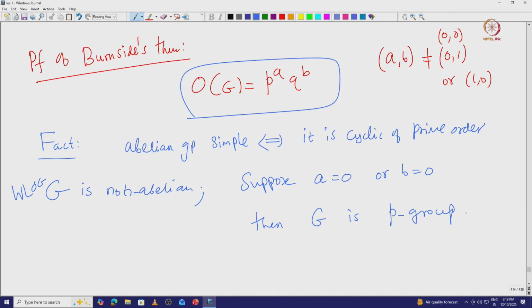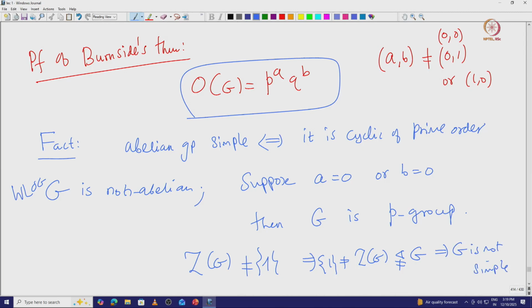Then we already know that for any p-group the center of G must be non-trivial. So that would imply that the center of G is a proper non-trivial normal subgroup inside G, which says that G is not simple. So for p-groups we already know the result.